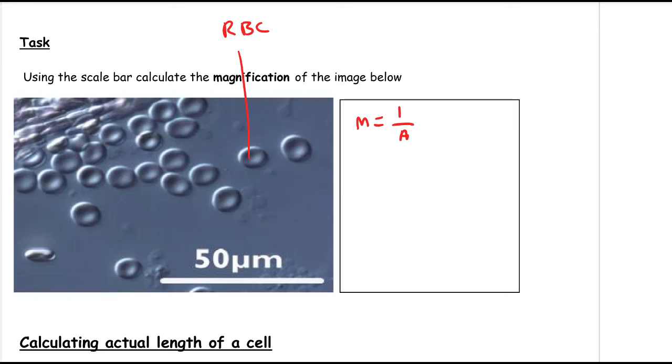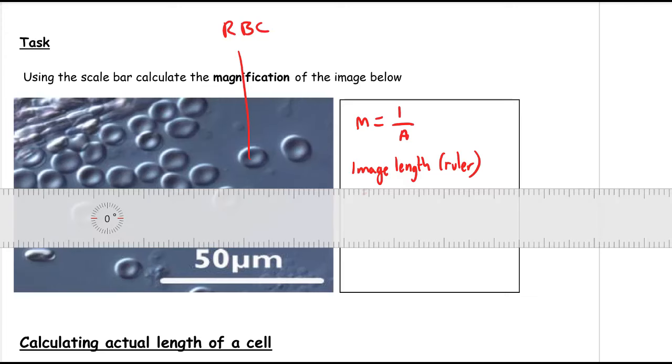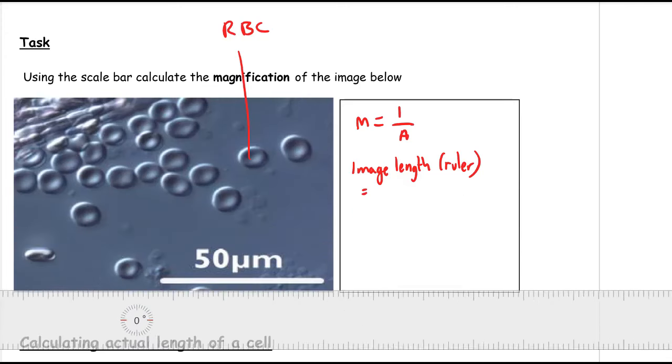What we would need to do is work out the image length, and to do that we need a ruler, and it needs to be in millimeters. So you would take your ruler.